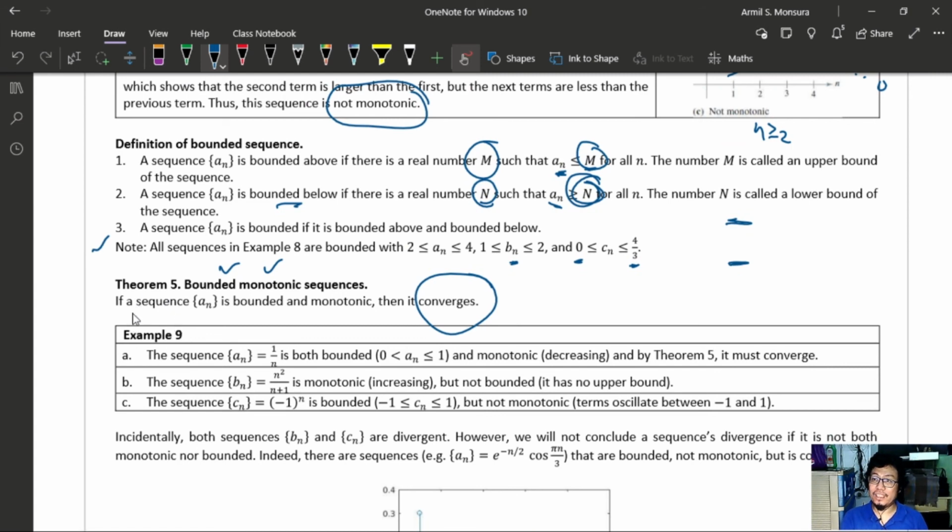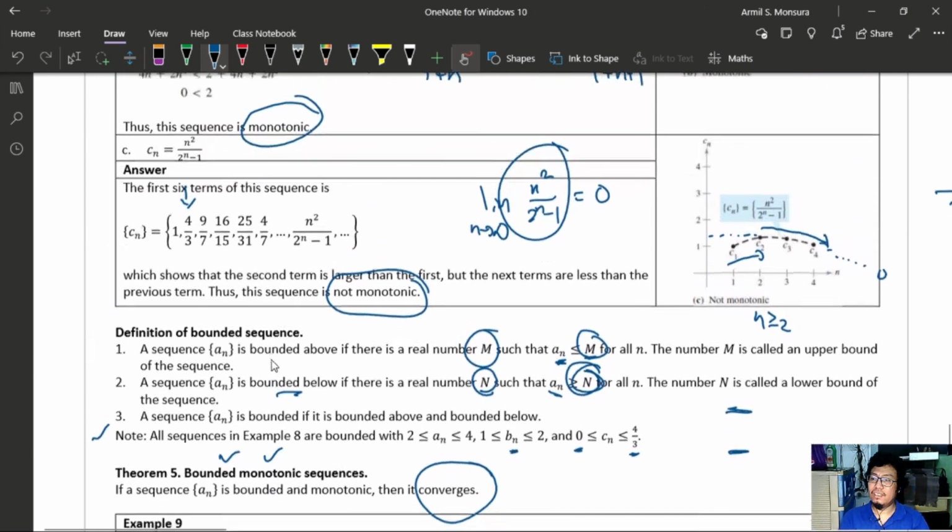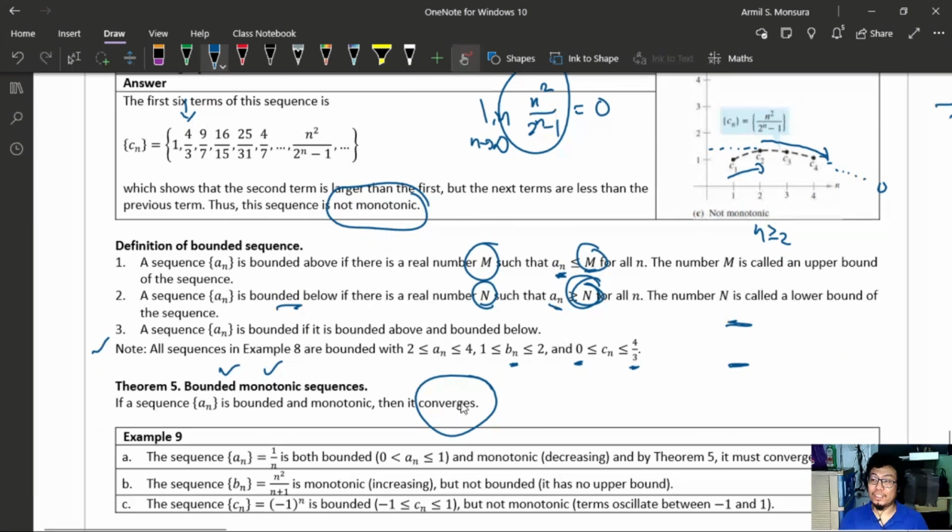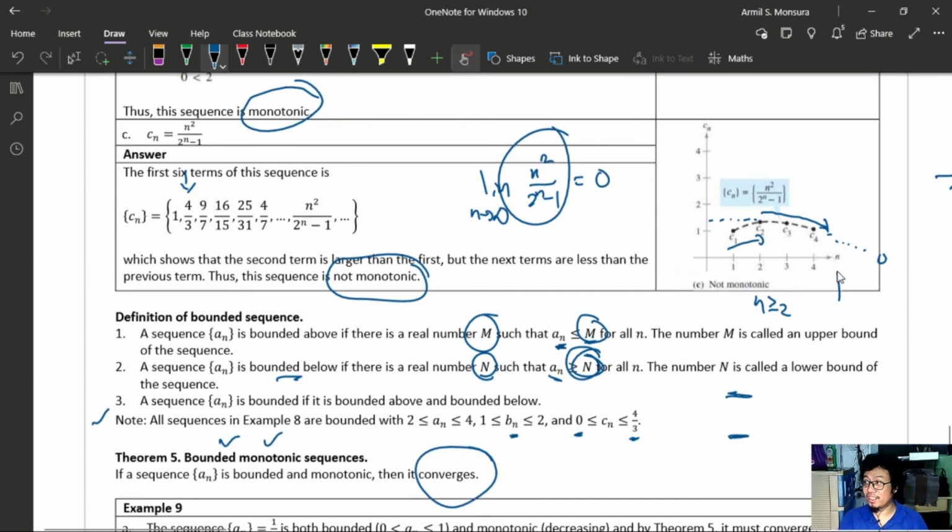We say that a sequence that is both bounded and monotonic is convergent. But it doesn't necessarily mean that if your sequence is not monotonic, it is automatically non-convergent or divergent. For example, in this case, that sequence is still convergent. We have already determined this before, although the sequence is not monotonic.